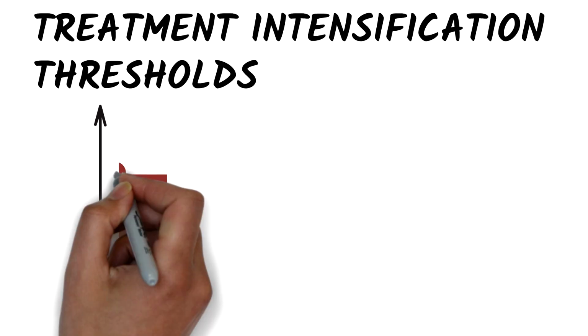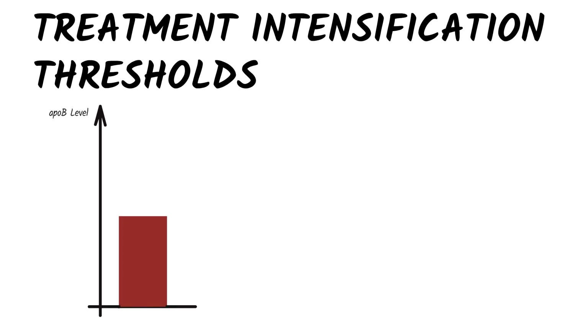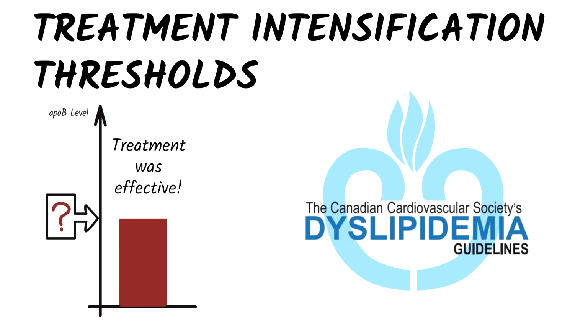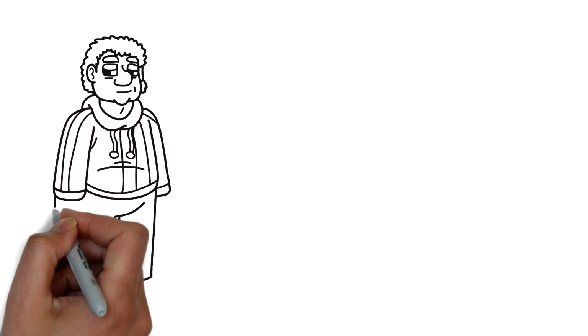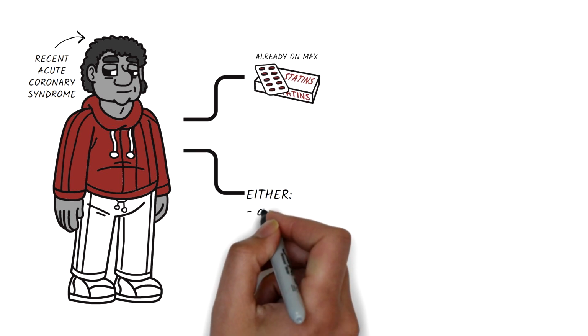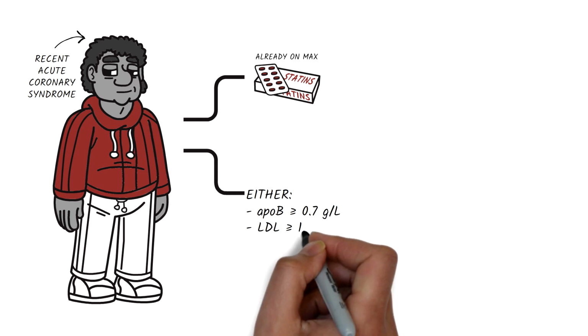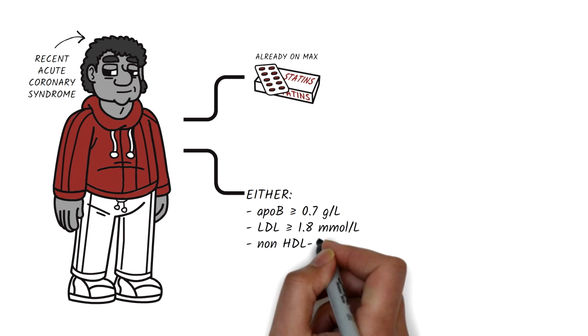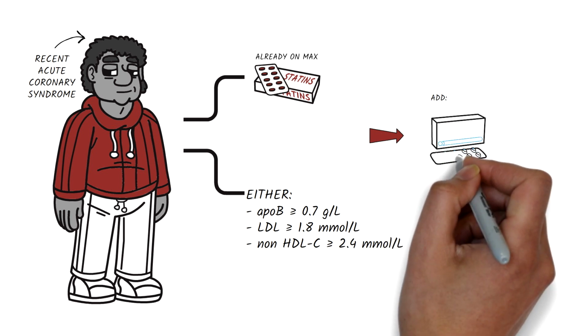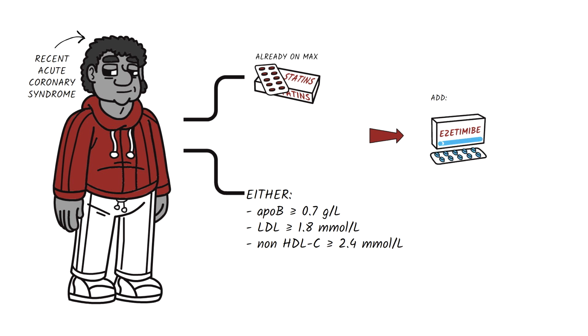Now let's talk about treatment intensification thresholds. How low should your patient's apoB level be for you to consider that your treatment has been effective? The 2021 Canadian Cardiovascular Society Lipid Guidelines provide some insight. Based on the IMPROVE-IT trial, a patient who has had a recent acute coronary syndrome, is already on maximally tolerated doses of statins, and has an apoB greater than or equal to 0.7 grams per liter, or an LDL greater than or equal to 1.8 millimole per liter, or a non-HDL-C greater than or equal to 2.4 millimole per liter, would benefit from intensified lipid-lowering therapy through the addition of ezetimibe in combination with a statin.